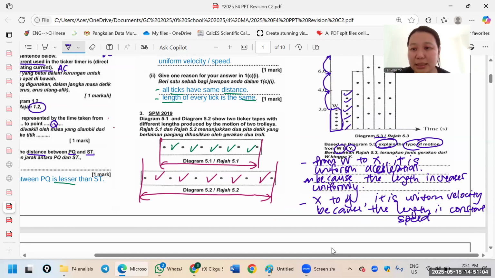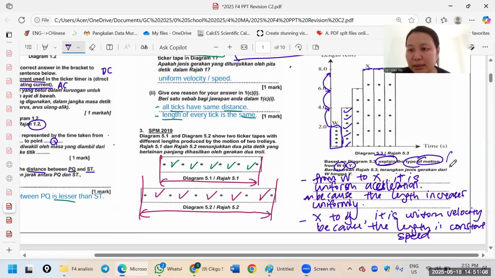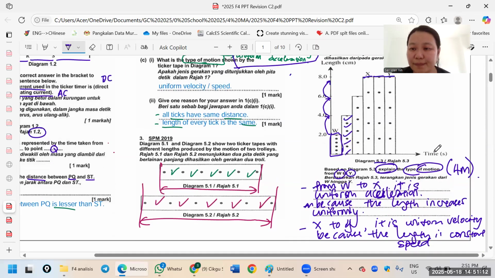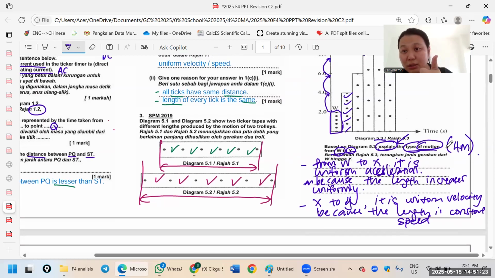How many marks is this question? I'm not so sure. I think it's 4. Because they say explain the type of motion. Explain also means tell observation plus the reason.